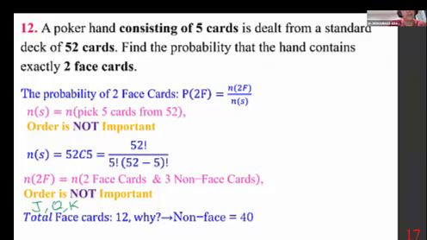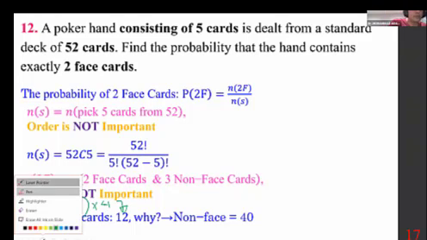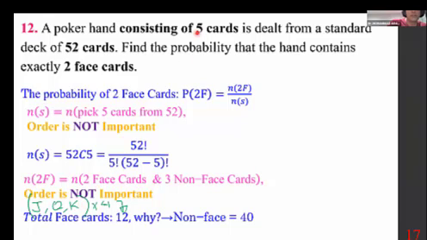Then we have 4 different suits. We get a total of 12 face cards. And if we have 52 cards to begin with, 12 is gone, the rest of them are non-face.